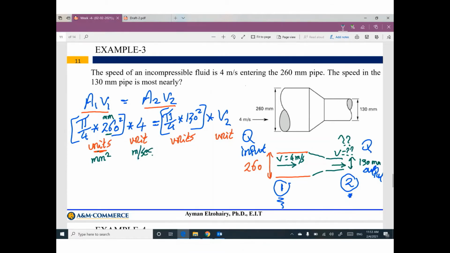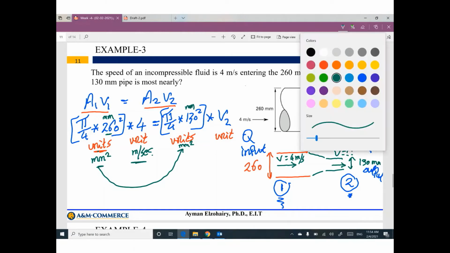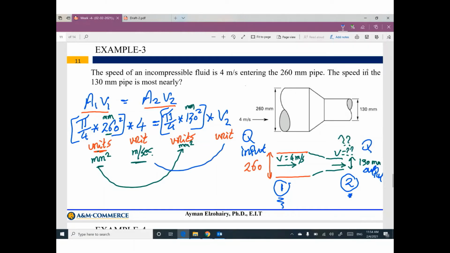Do you think I need to match the units? Yes and no. Yes, because we need all of them in meters or all of them in millimeters. No, if this unit is the same as this one, because this one is also in millimeter, so the unit will be millimeter squared. That means the velocity on the other side will follow the velocity on this side.